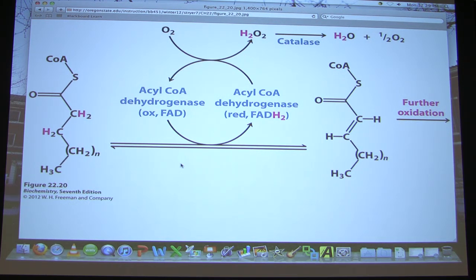Okay? Hydrogen peroxide breaks down to water and O2. But that means that the electrons that were here are not going in any reasonable fashion into the electron transport system. Okay? This guy can then go on through further oxidation, which it would continue to go through.